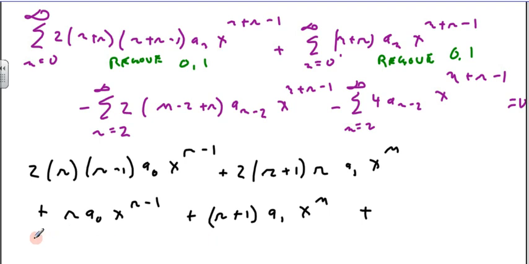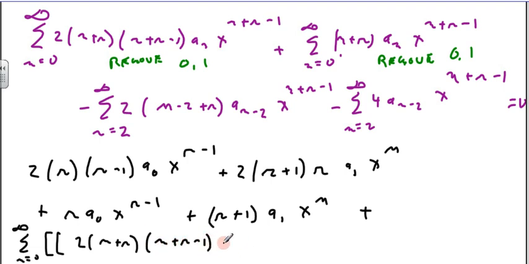summation n equals 0 to infinity, double brackets. Okay, I've got 2(n plus r)(n plus r minus 1), plus (n plus r), an.